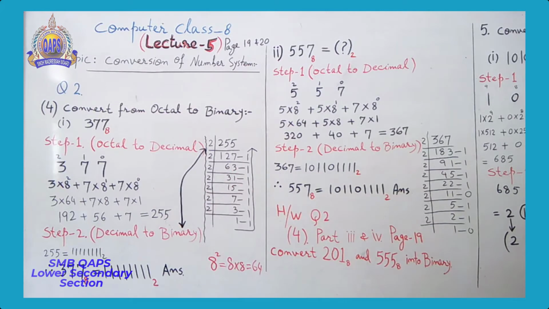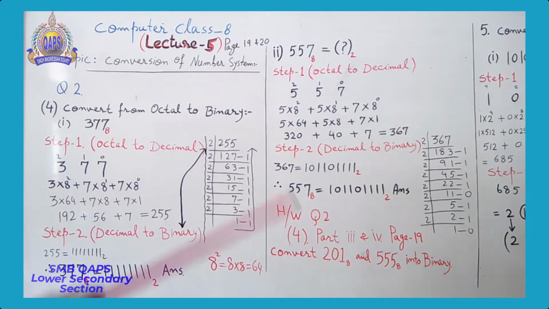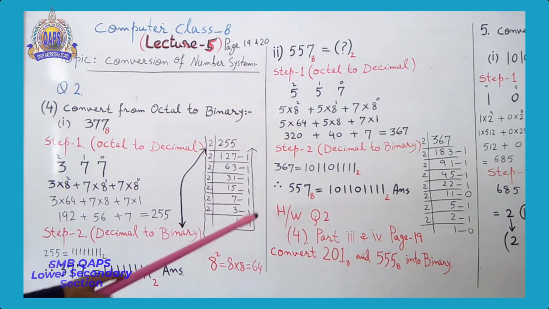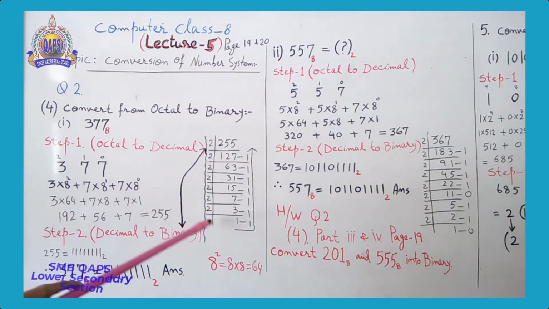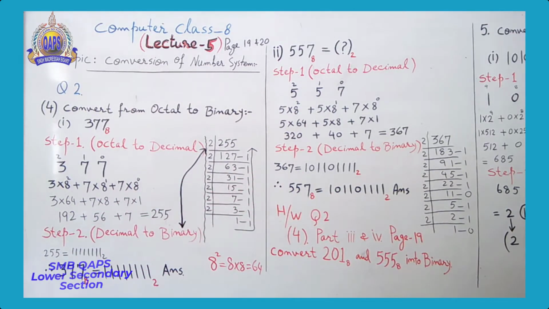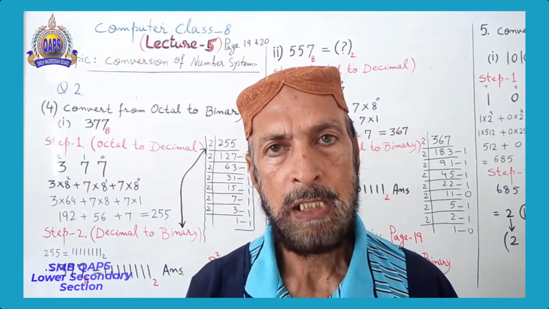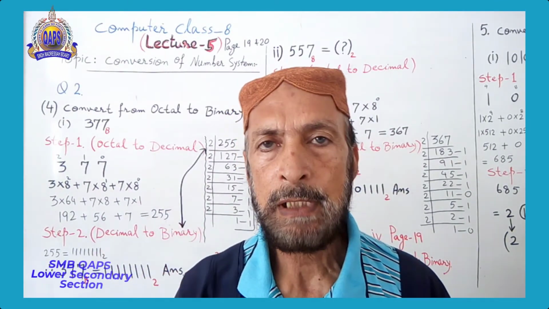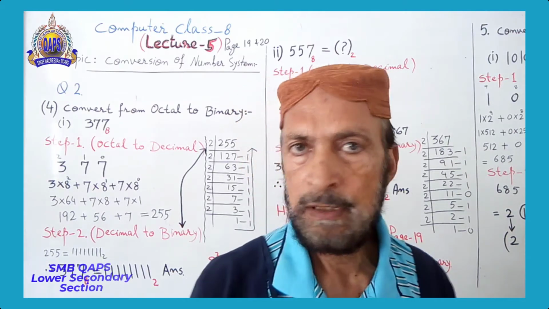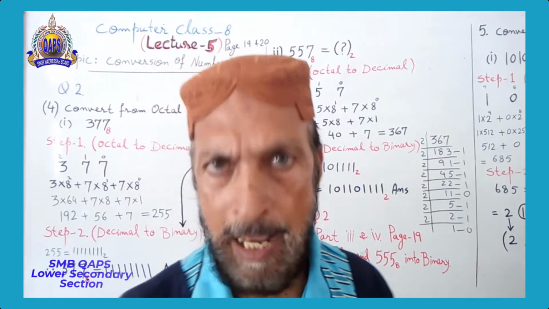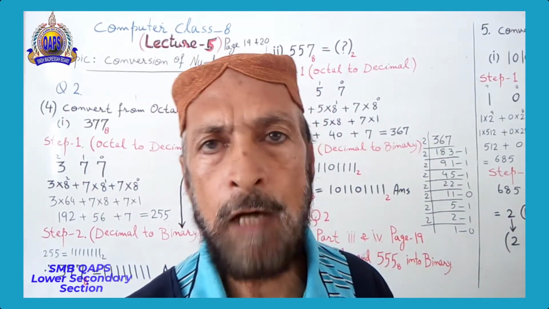Left 1. In the same way, you try to do it. I believe you know it, you understand it, and you can do it. That's why everything is in front of you.